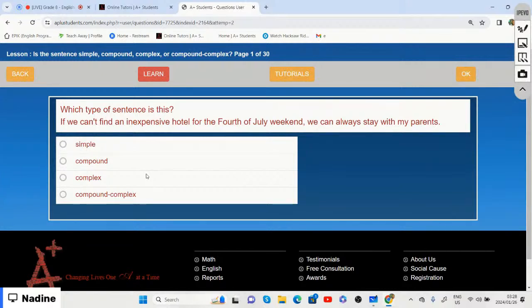So if we cannot find an inexpensive hotel for the 4th of July, so we need to say if this is a simple sentence, compound sentence, complex sentence, or compound complex sentence.